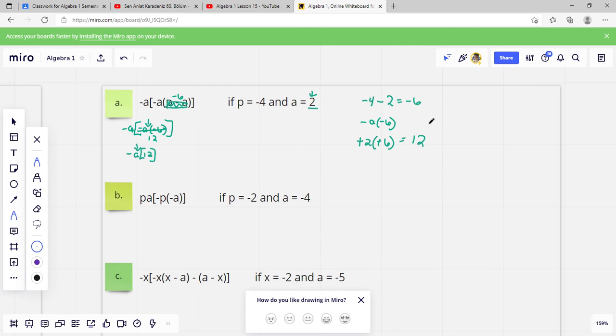A is 2, so that's negative 2 times 12, which is negative 24. Let me double check that. Negative 24 is the correct answer for that one.